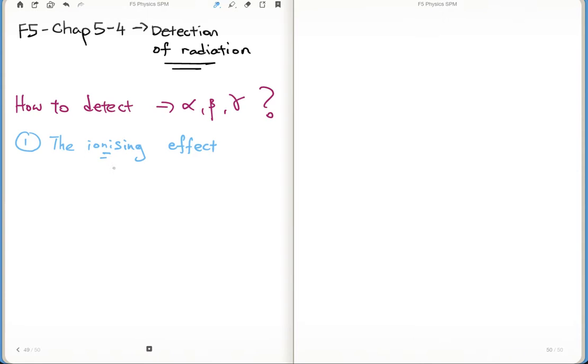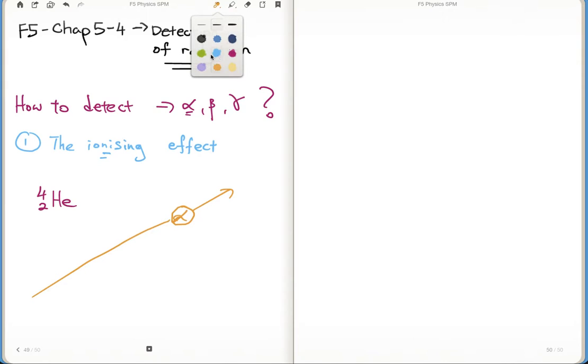Now what is the ionizing effect? Put it in simpler terms. Say for the case of alpha, the helium nucleus 4,2 He, because of its huge mass, when this alpha particle passes through the air, it will knock off electrons from the air molecules along the way.